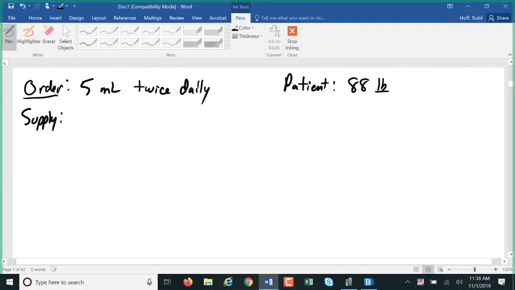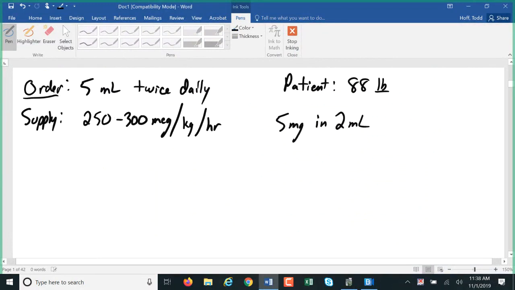Our supply says 250 to 300 micrograms per kilogram per hour, and it is constituted 5 milligrams in 2 milliliters.